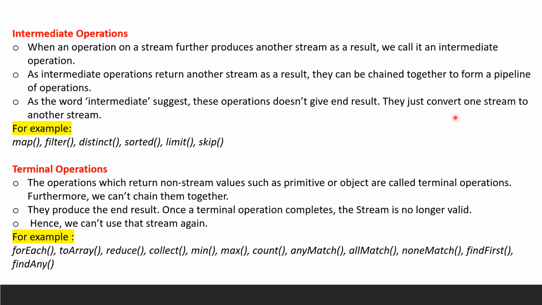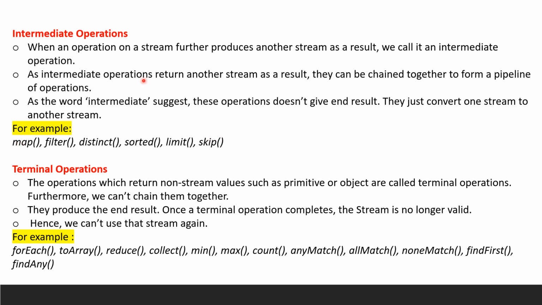They just convert one stream to another stream. For example, map, filter, distinct, sorted, limit, skip. These are example methods for intermediate operations, and we will see what each method does in the upcoming slides.